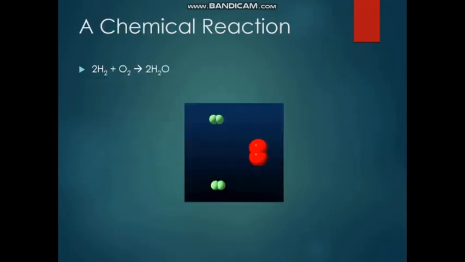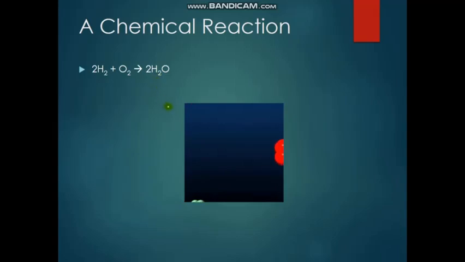Next, a chemical reaction is composed of, you have here again the reactants, and then you have the product. So we have a reaction of hydrogen which combined with oxygen to produce water.